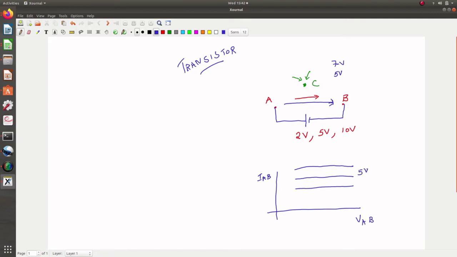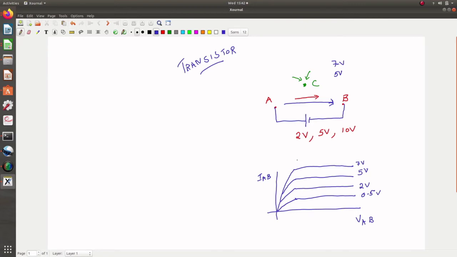Initially it was 2 volt. If the voltage applied at the third node is decreased, say 0.5 volt, the current decreases. At 0 voltage, the current goes to 0. That is true for every applied voltage.